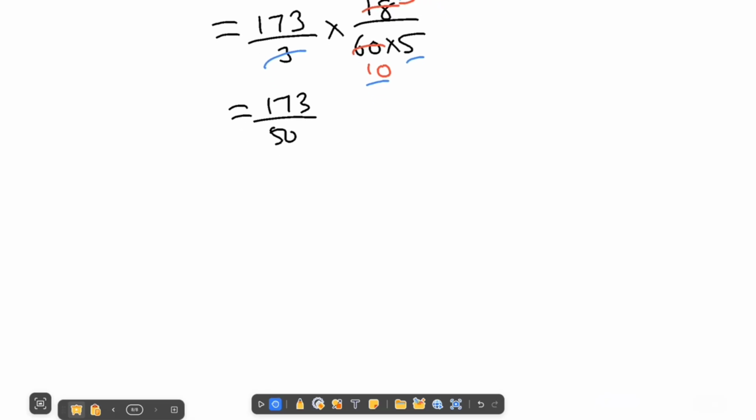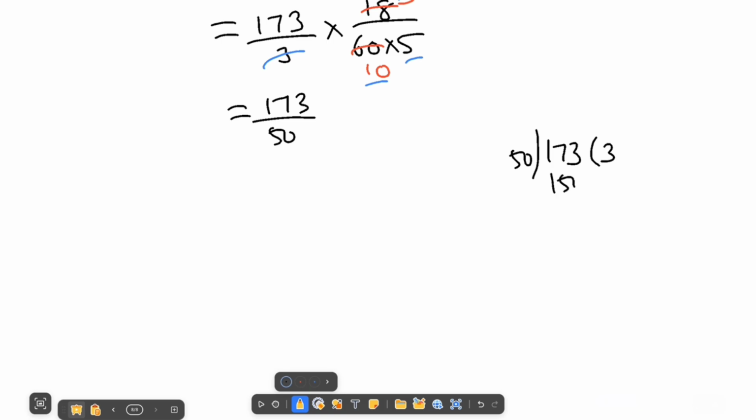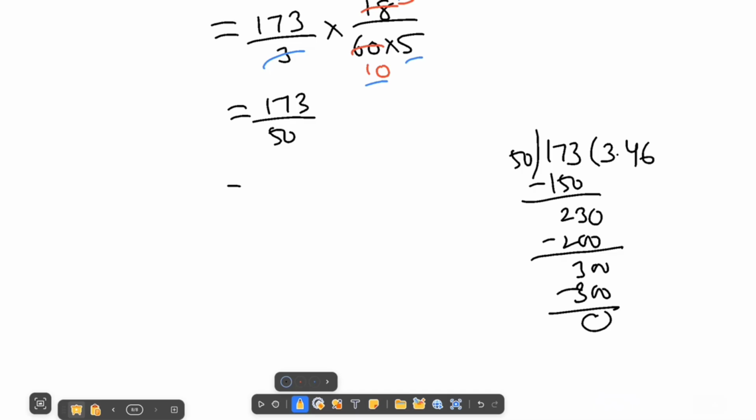So let's divide 173 with 50. 5 3s are 150. So 23, put point, 5 4s are 200, 30 it becomes 300, 5 6s are 300. So it takes 3.46 seconds to reach from T point to P point.